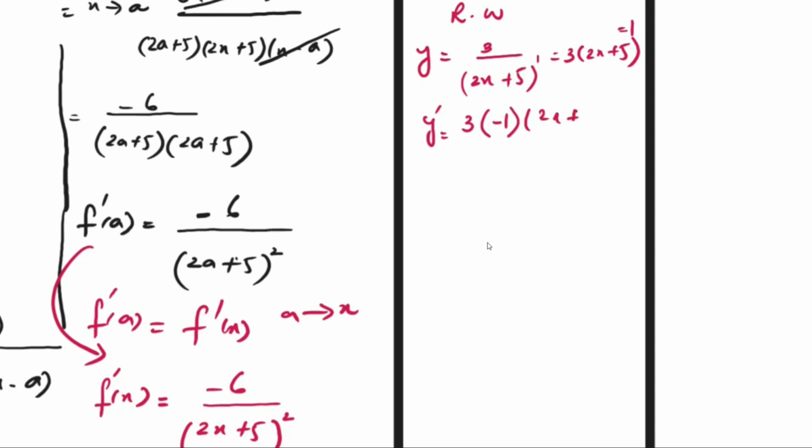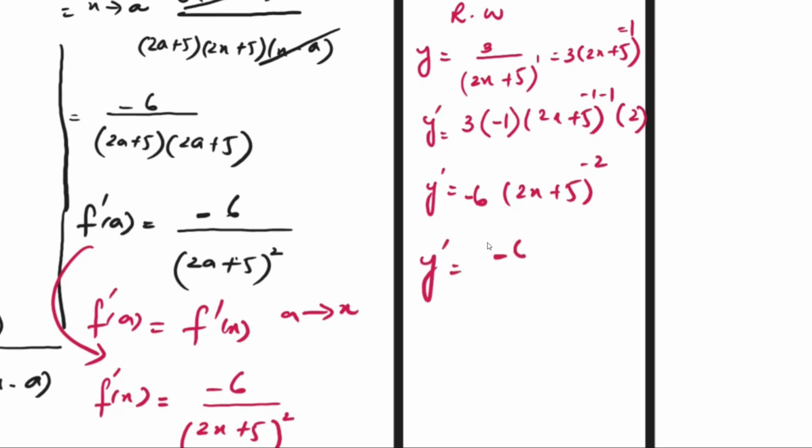So 2x plus 5 minus 1 minus 1, and the derivative of this base function will be 2. So 3 2s are 6 minus 6, and this 2x plus 5 whole raised power minus 2. So y derivative is minus 6 upon 2x plus 5 square.